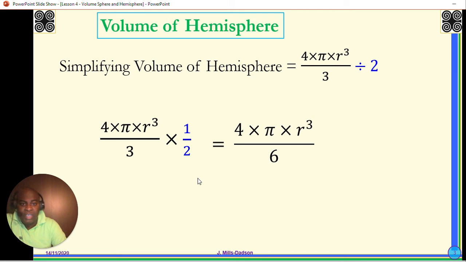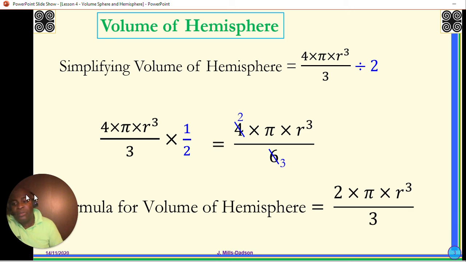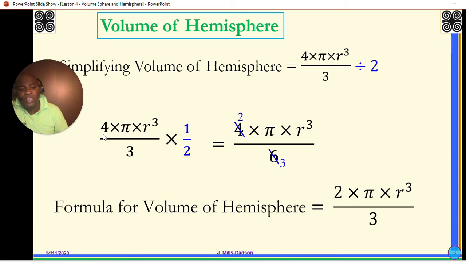That simplifies as 4 pi r cubed over 6, which could be simplified further by dividing 4 and 6 by 2. That's why the formula for a hemisphere is 2 pi r cubed over 3. If you cannot remember it, just go with the sphere formula and always divide your answer by 2. It will also work out.